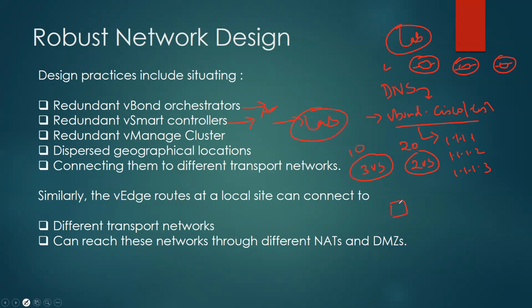Later on in this same series of slides, I'll show you that group ID 10 will be the primary and group ID 20 may be secondary, and if the primary goes down, automatically this role will become primary.